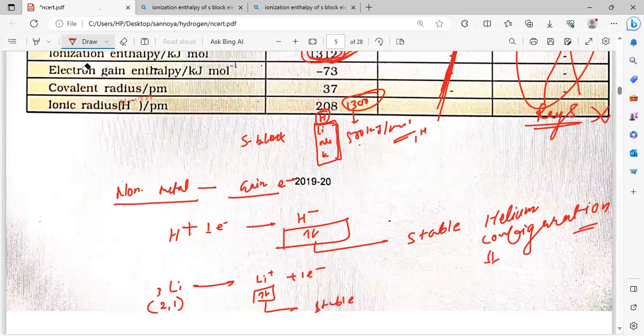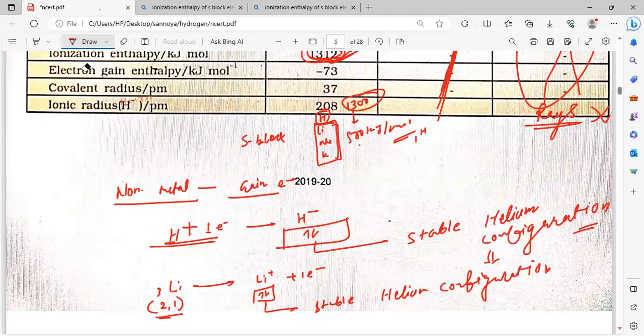So hydrogen has the lesser tendency to lose electron. It requires more energy to lose electron compared to lithium metal or sodium metal. They have one electron extra than the duplet or the octet, so less energy is required to lose electron.